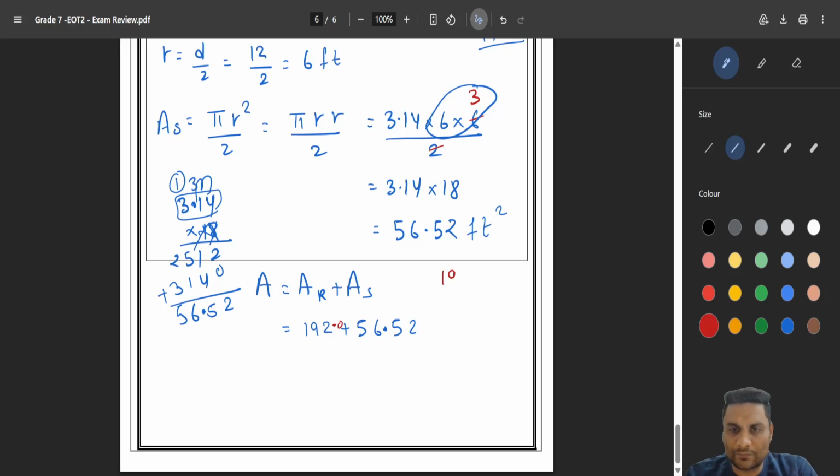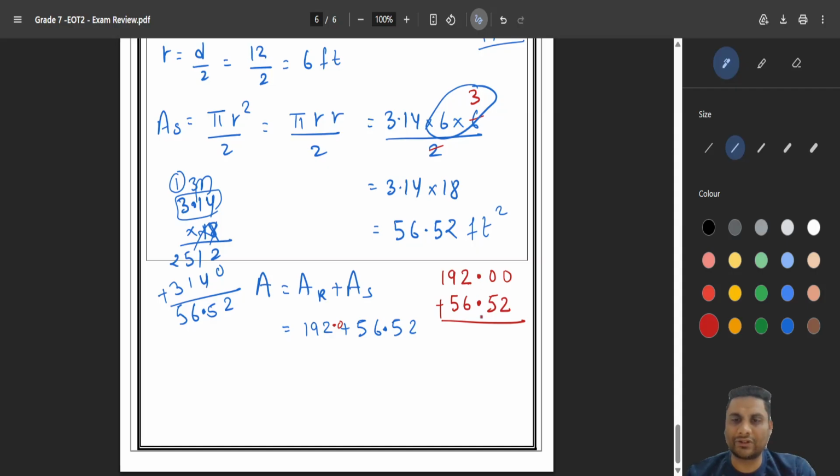First write 192. Then below it write 56. Because I told you the point will come at the end of 192, you have to put the decimal point in a straight line. So after 56 point, we have 52 here, correct? But here we have no number. No number means you can put 0, no problem. Now you will add them.